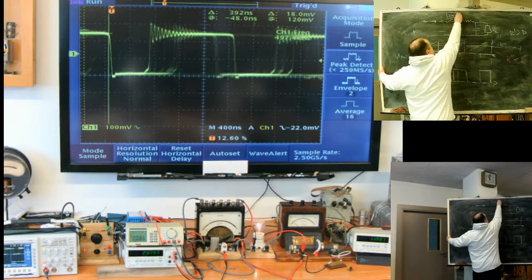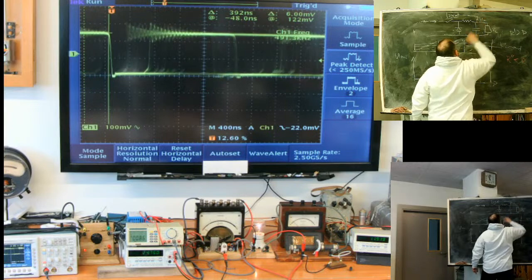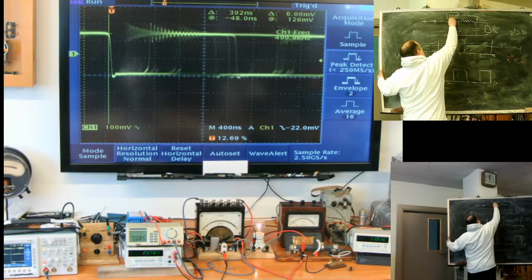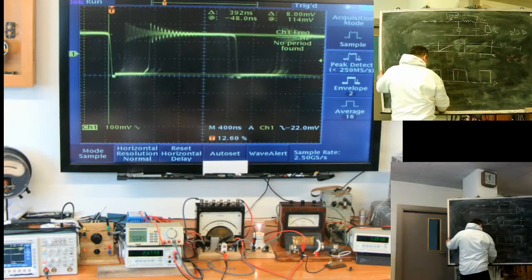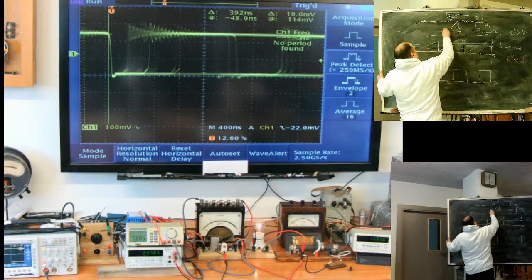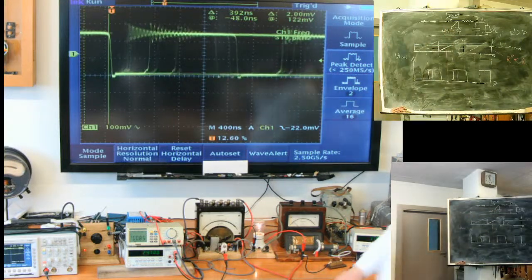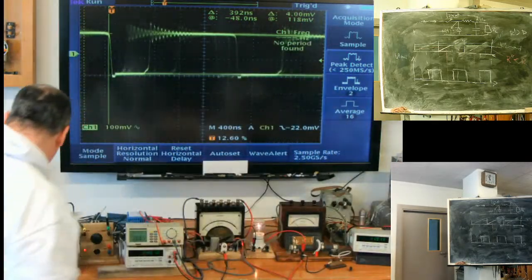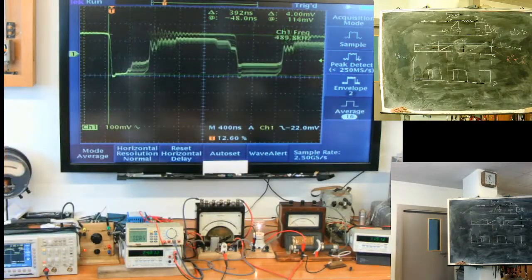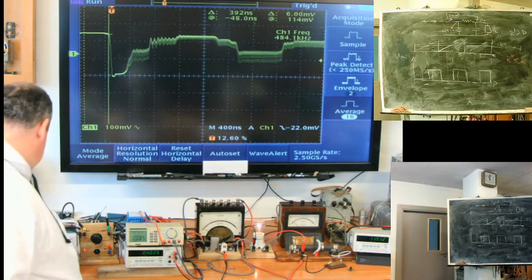Pulse width modulator: the load or feedback signal, and the control signal. I took this voltage, it's the yellow line. To make it more visible, maybe I'll switch to average mode, it will freeze.